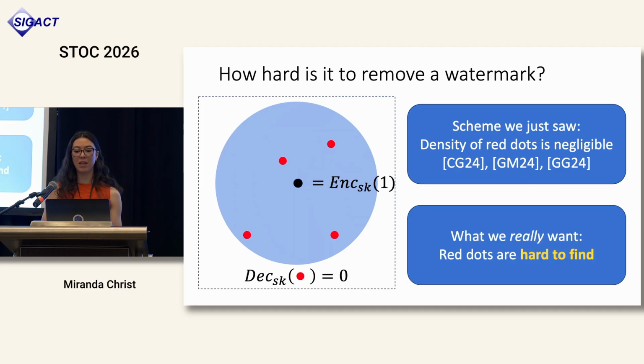But it might actually be easy for an adversary to find the red dots, right? It could be easy for an adversary to find changes to the words that cause the watermark to disappear. So a better kind of robustness would not just be that there are few low-weight error vectors that cause incorrect decoding. We actually want these error vectors to be hard to find by efficient adversaries.